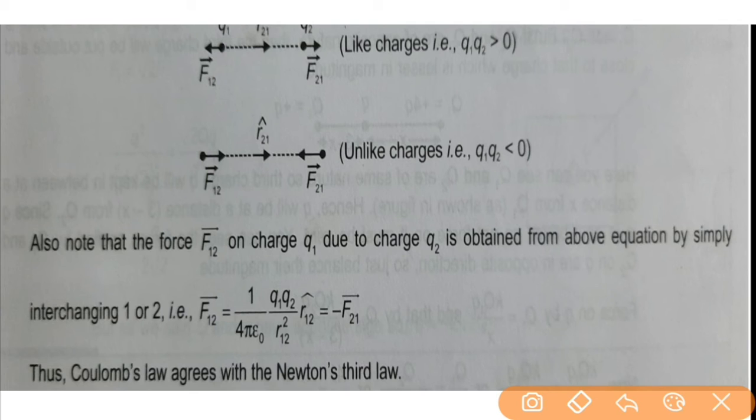Now here we can see the force acting on the two charges, F21.